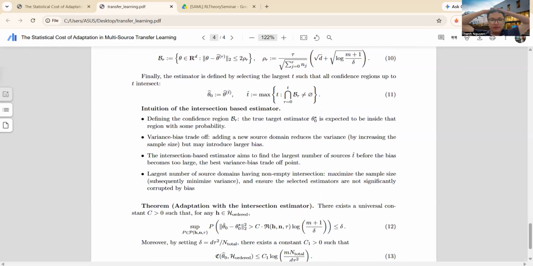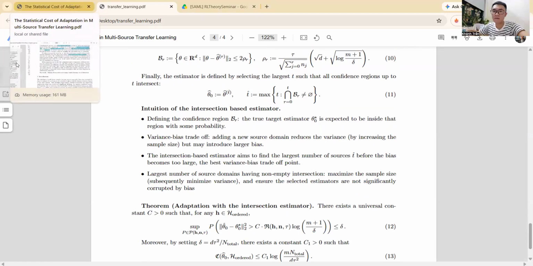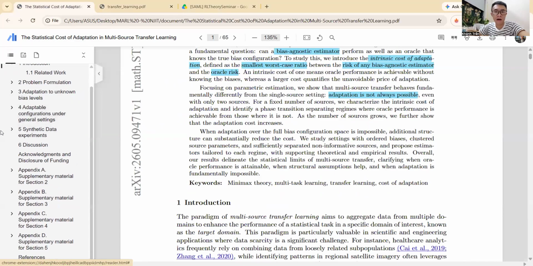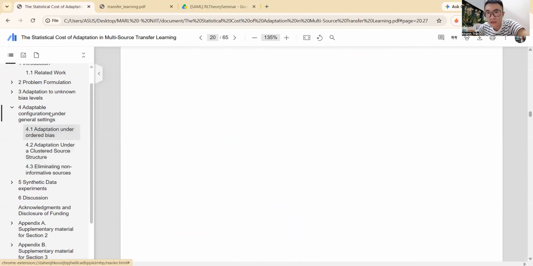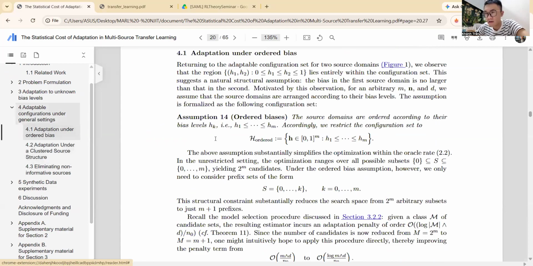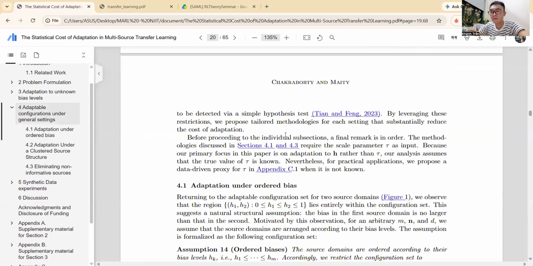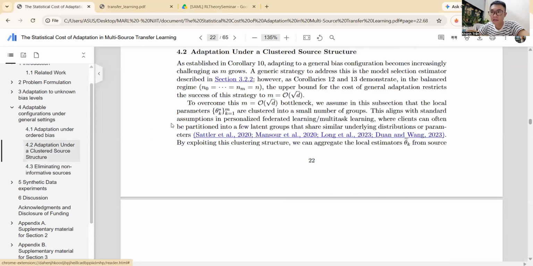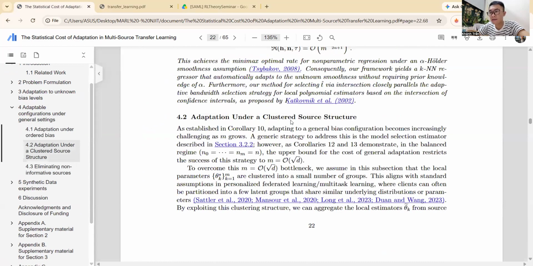So the main algorithm they have is the intersection estimator. That's the main one. They have some other algorithms for different configurations. They have three cases. The first one is adaptation under order bias. The second one is adaptation under a cluster of source structure, meaning that all the source domains can be clustered into two sets, and in one set they are assumed to be close to each other.